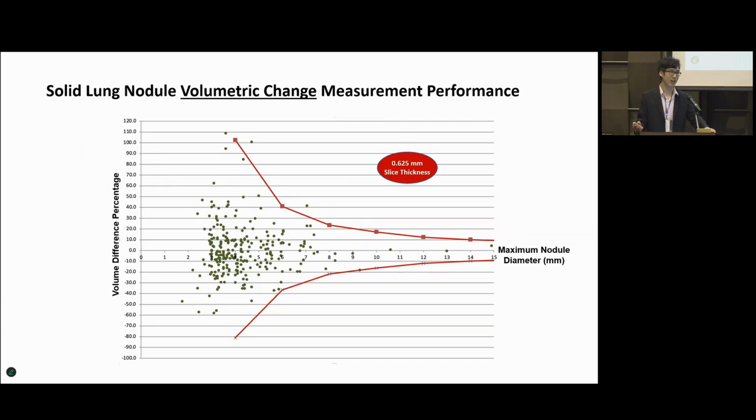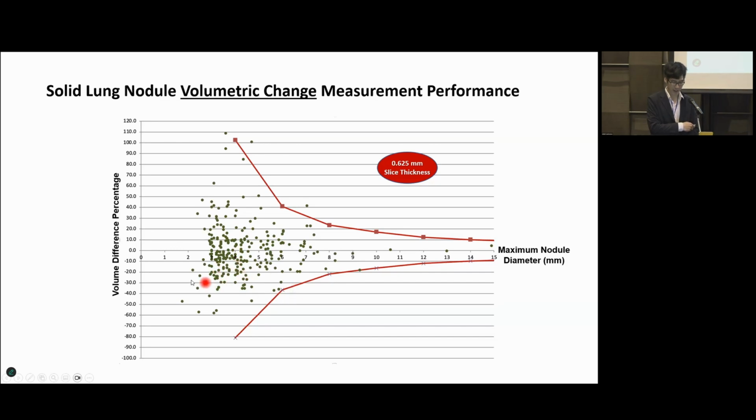So this is nodules that are supposed to have zero change measured multiple times. And as you can see, as the nodule size increases, what we call the volume difference decreases. And this has implications for clinical interpretation.